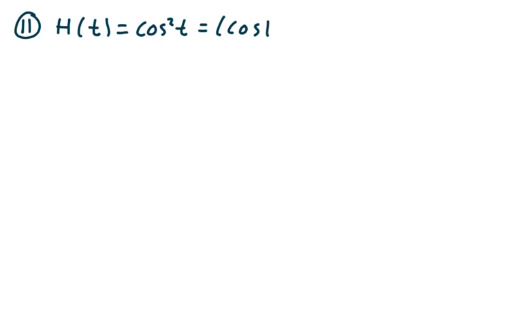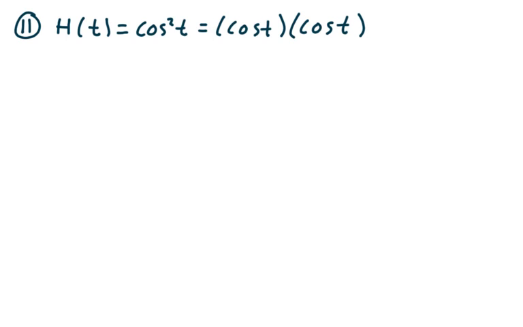If we take a look at problem number 11, suppose h of t is cosine squared t, but that's equal to cosine t times cosine t, okay?